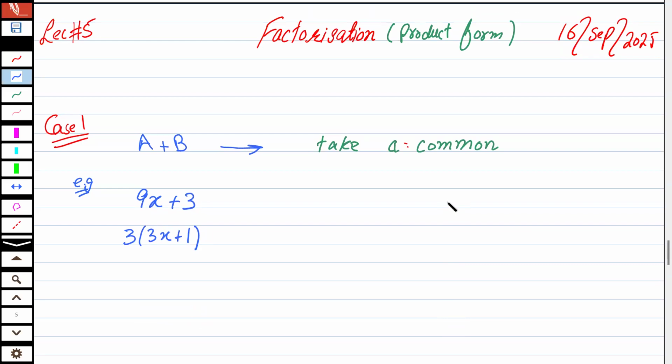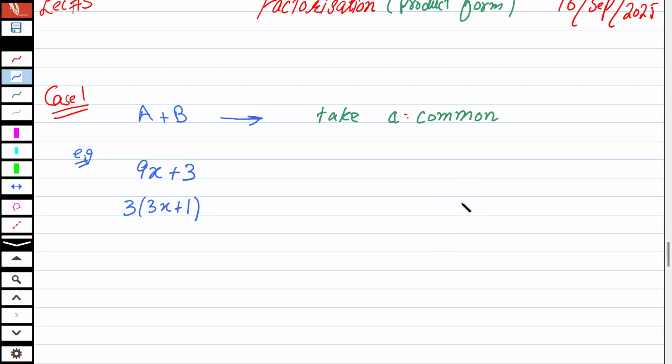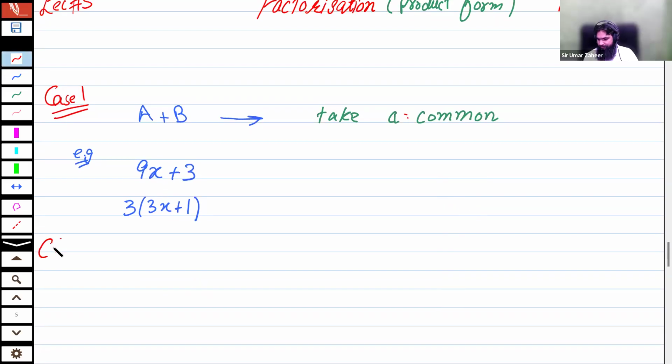All right. Now we have case 2. In case 2, we have two terms. There is a negative sign between the values. Now we have two options.